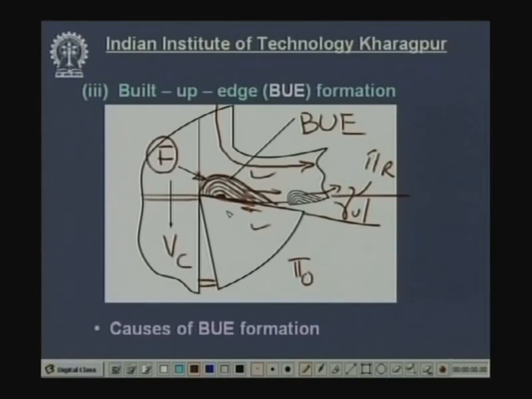Sometimes this can overflow onto the flank side of the tool, and then some marks will be left on the finished surface, and that will spoil it. The cause of built up edge formation is strong adhesion like welding, because two nascent surfaces are intimately in contact and rubbing under high stress and high temperature.